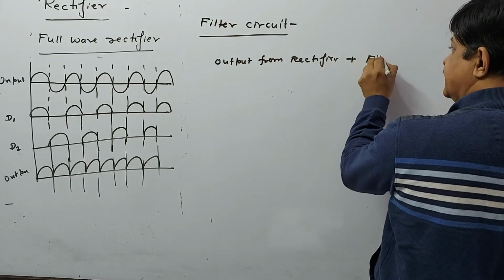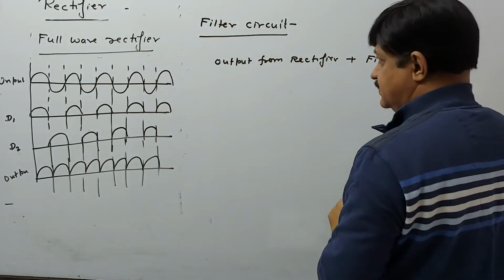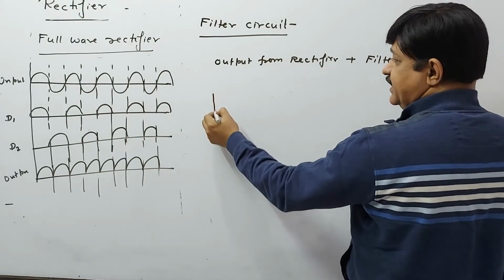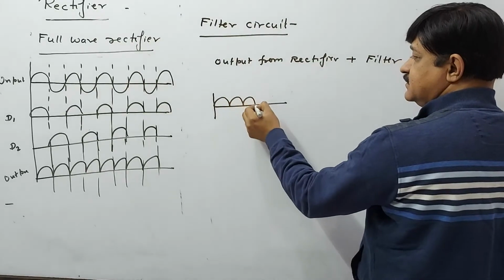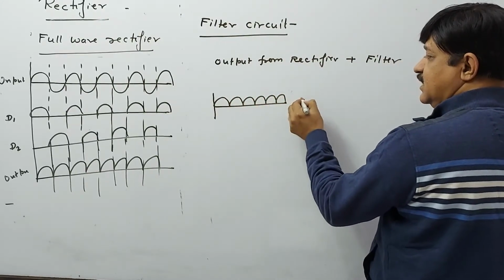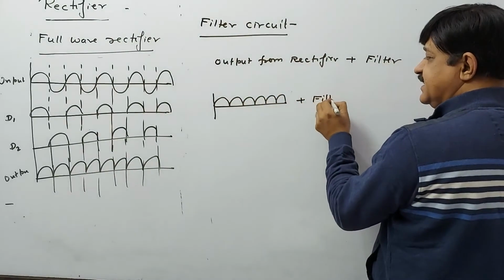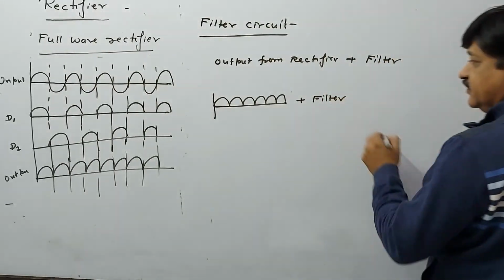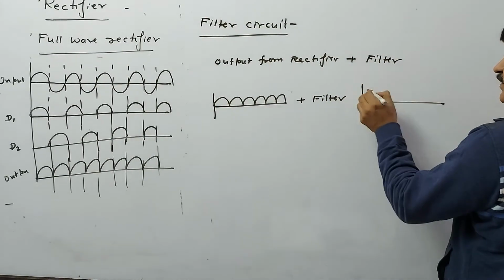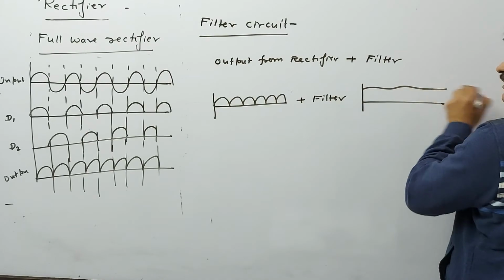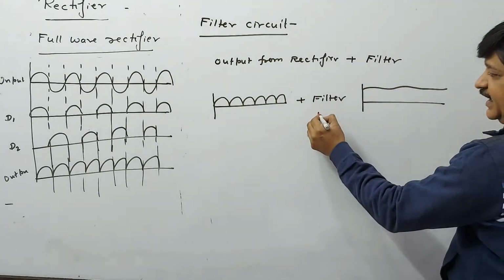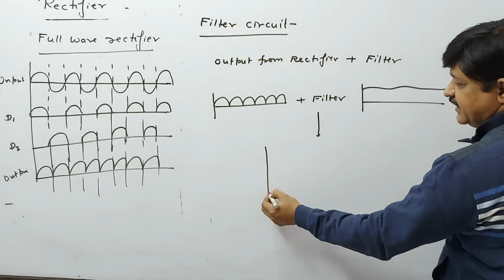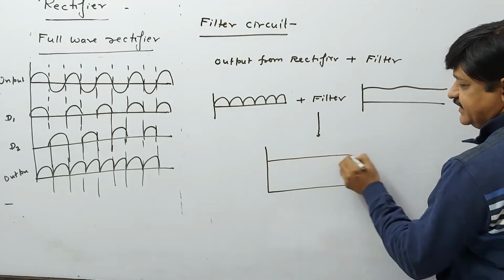प्लस फिल्टर, ये आउटपुट आया रेक्टिफायर का। अगर मैंने इसको फिल्टर सर्किट में से निकाल दिया तो फिल्टर सर्किट इस पूरे फ्लक्चुएशंस को गायब कर देता है, एंड फाइनली व्हाट यू विल गेट इज द कांस्टेंट डीसी.